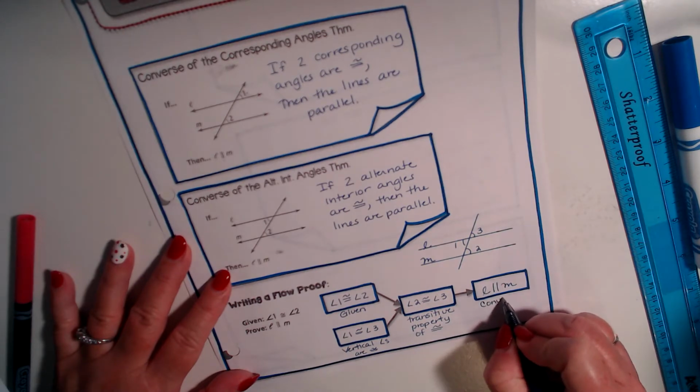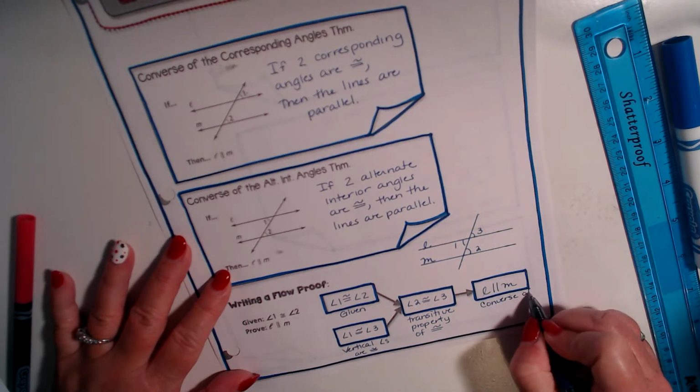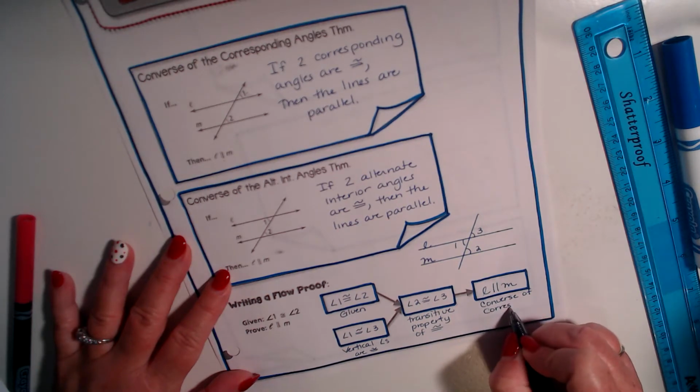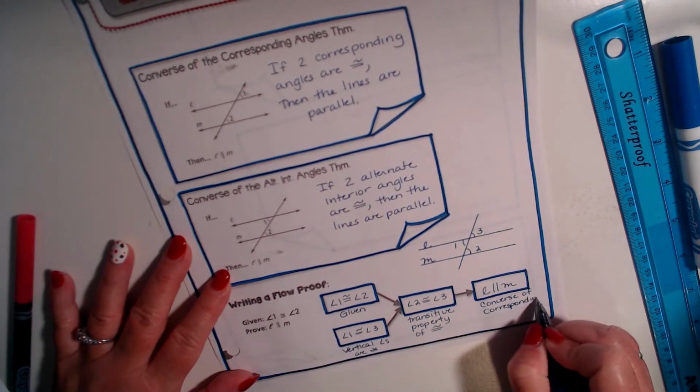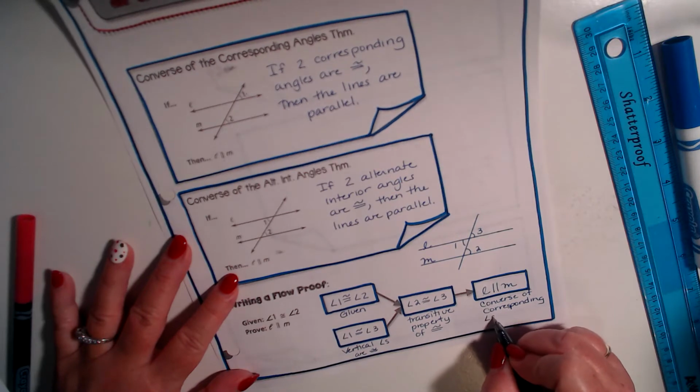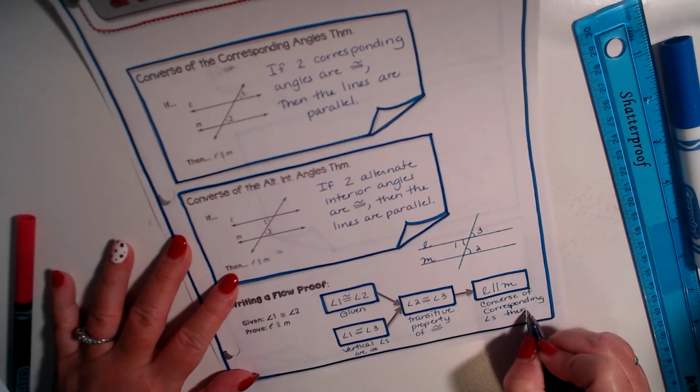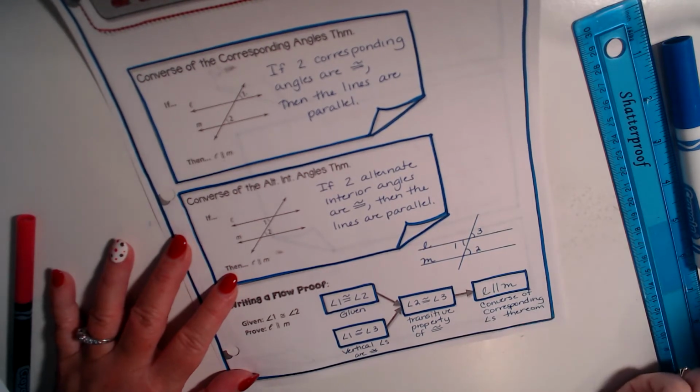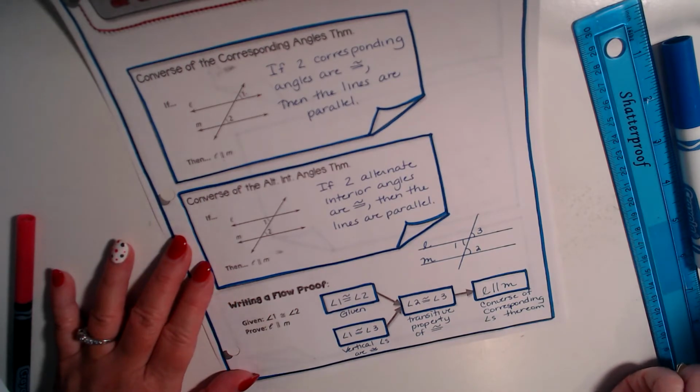So, converse of corresponding angles theorem. Okay, and that is your first flow proof.